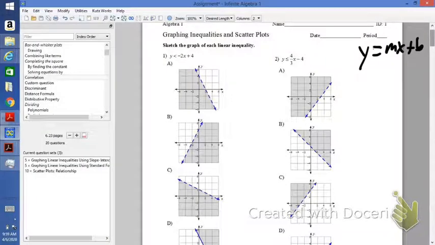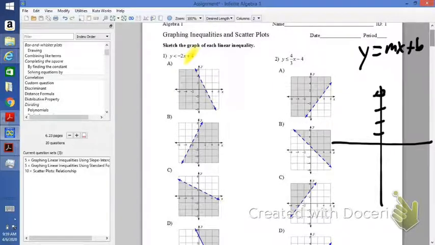You're going to plot the y-intercept, which is 4. So we're going to go up along the y-axis 4 units and put a dot. And then our slope is negative 2.